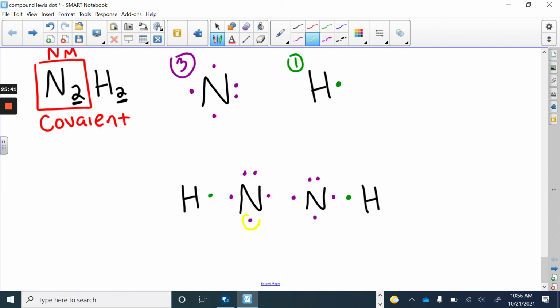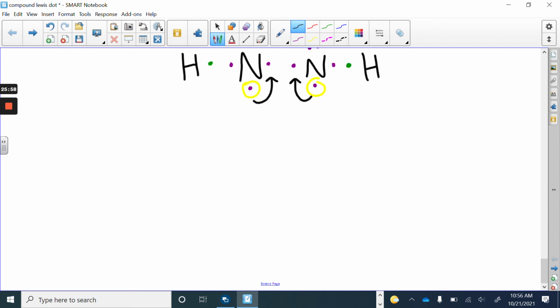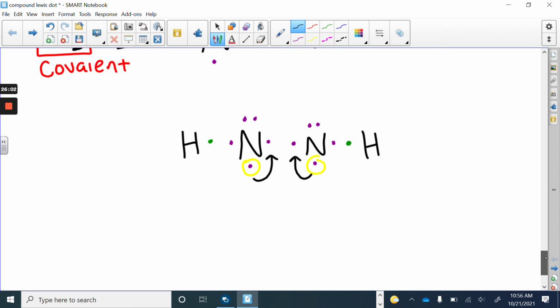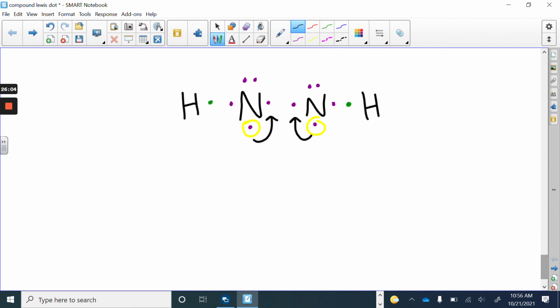This one, we still have lone electrons here on the nitrogens, so therefore we have to form bonds. We need to move them to where they're going to pair together. And the only way that you can move them to pair together is if you move them in between the nitrogens. And we'll go ahead and redraw it below.